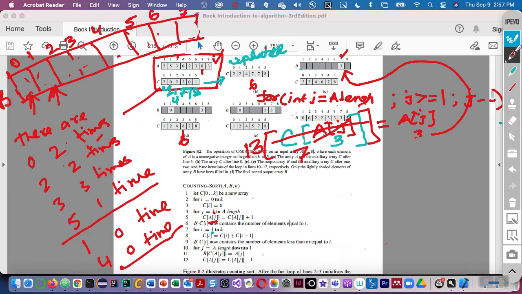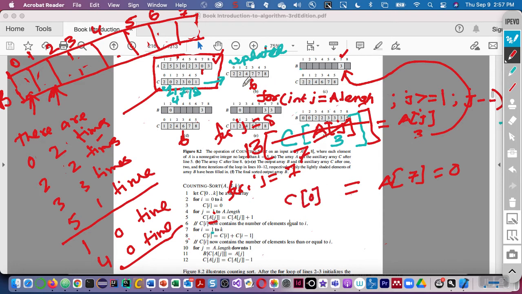Okay, the second one. A[J] will be 7. Here j was 8. First for j equal to 8, and then for j equal to 7. A7 equal to what? A7 equal to 0, right? Then C of 0. What is C of 0? 2, right?